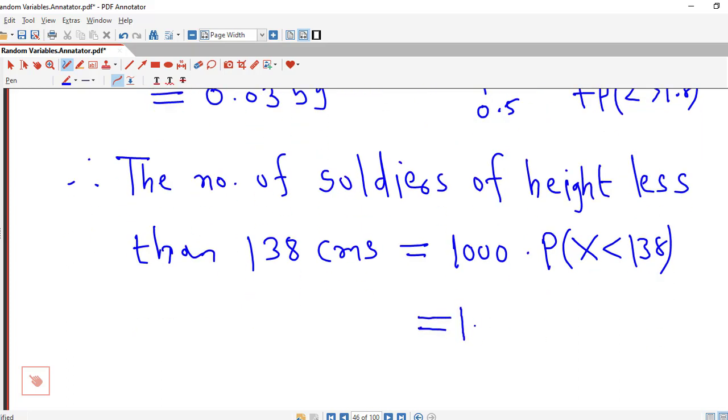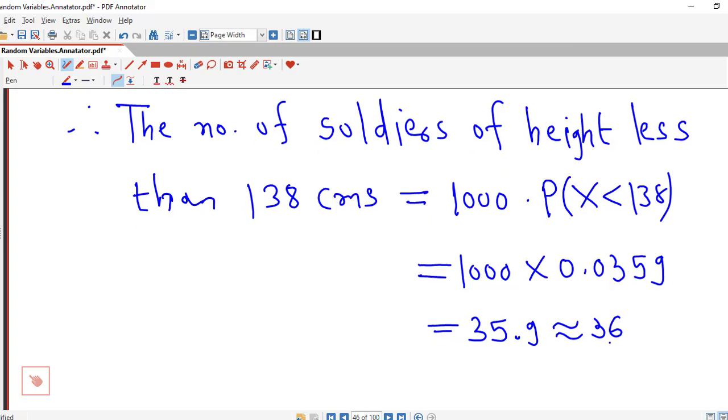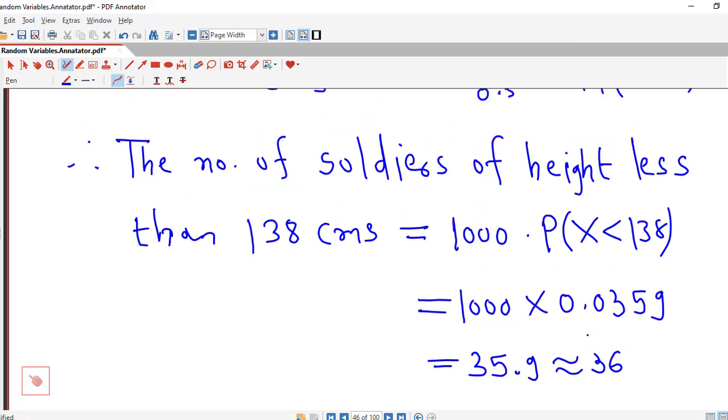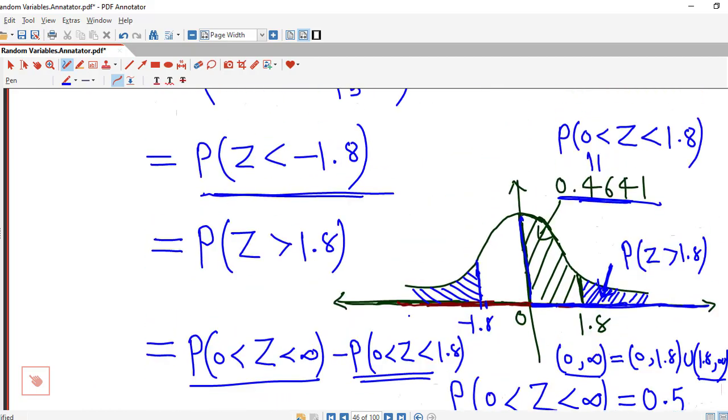So this we have obtained as 1000 times 0.0359. This turns out to be 35.9, which if we round to 0 decimal places, we have 36. So there are 36 soldiers of height less than 138 centimeters.